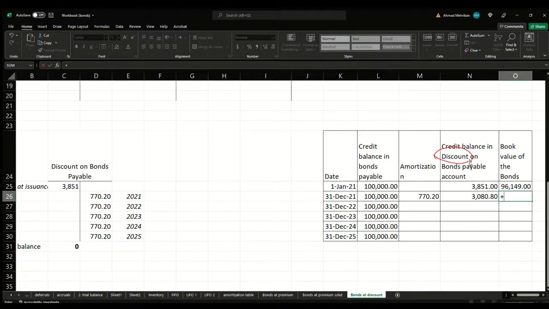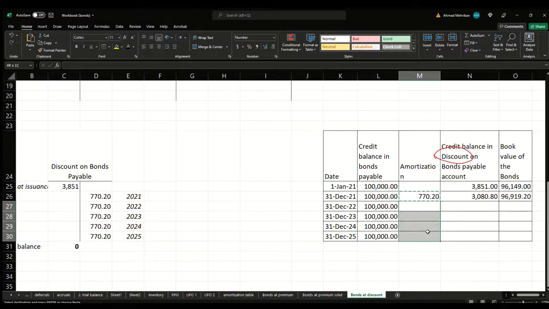Because this is a contra liability account, right? So what we have here is plus 770.20, and that increases our book value at the end of that year. And the same again, because it's a straight line method, it's going to be exactly the same amount every time.